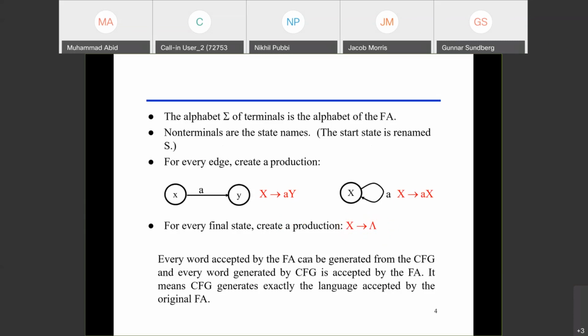We will see one example so you can better understand how we convert that, but these are all the possible scenarios which you need to take care of. Every word accepted by the FA can be generated from the context-free grammar, and every word generated by the context-free grammar is accepted by the FA. So the context-free grammar generates exactly the language accepted by the original FA.